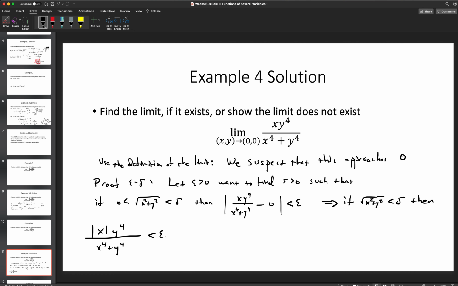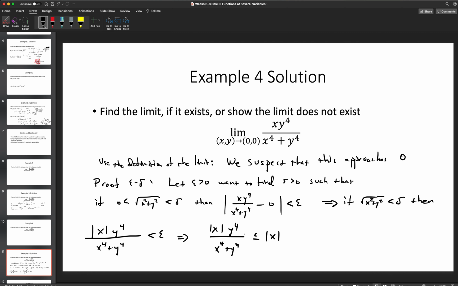All right, so what we see here is that this fraction will always be less than or equal to the absolute value of x. Why is that true?